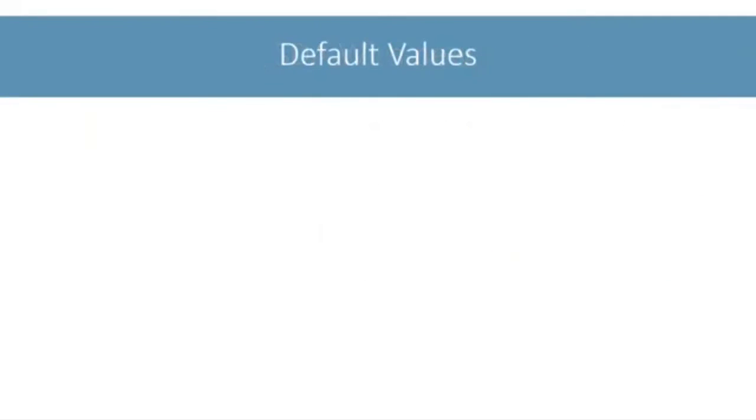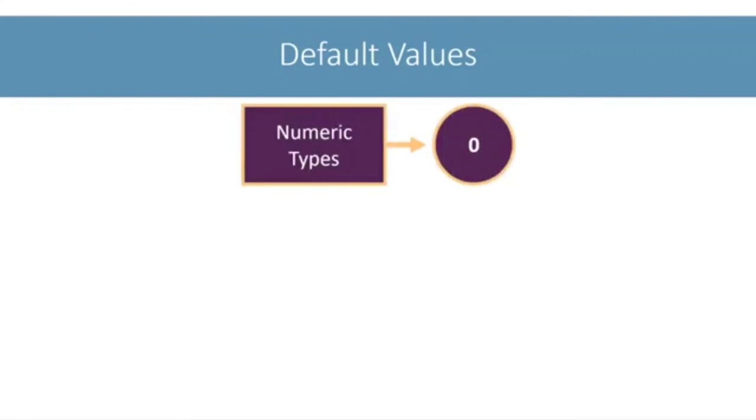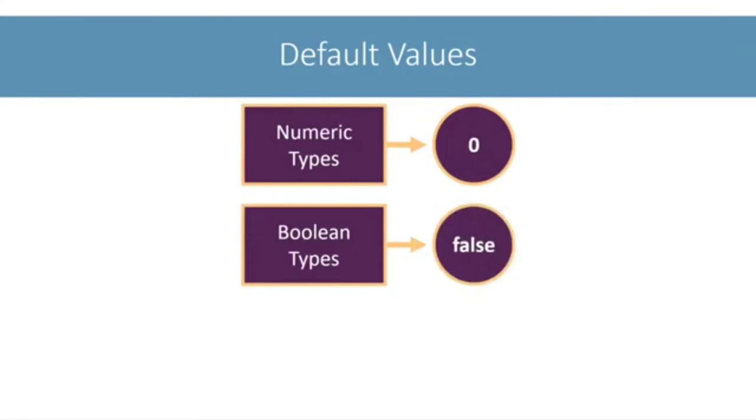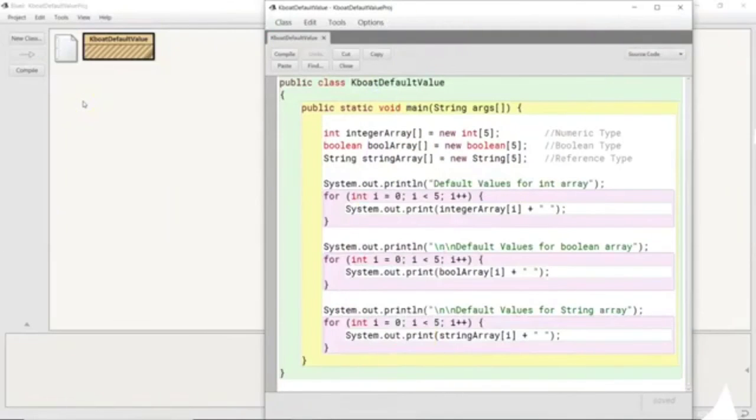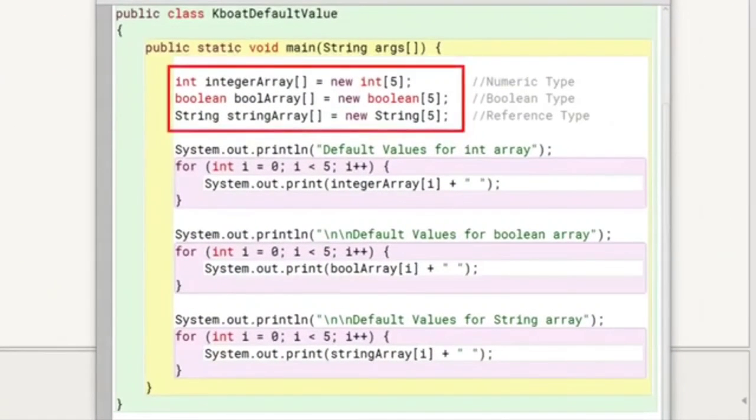When we create an array using the new operator, Java automatically assigns a default value to all the elements in the array. This default value is 0 for numeric types, false for boolean types, and null for reference types. Let me show you this default value thing quickly in BlueJ. Here I am creating an int, boolean and string array.